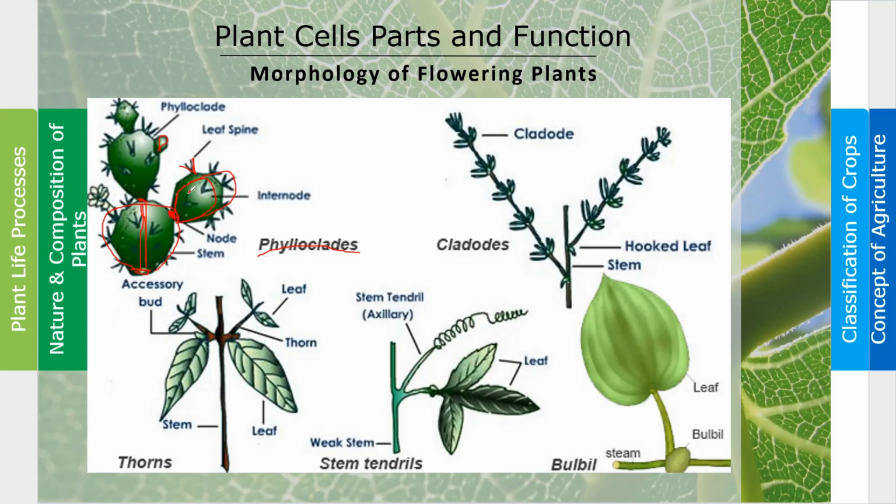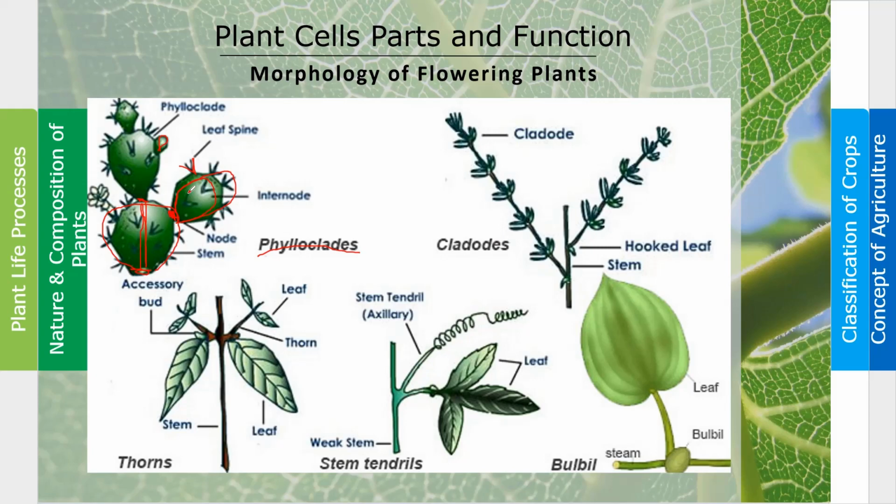So, in order to conserve or para tipirin their water content sa kanilang system, or to minimize water loss, yung leaves nila are modified into spine. Okay? So yung function ng photosynthesis is given to the stem. So, yung stem ang photosynthetic part. Okay? So, the phylloclads are actually green stem, thick green fleshy stem.